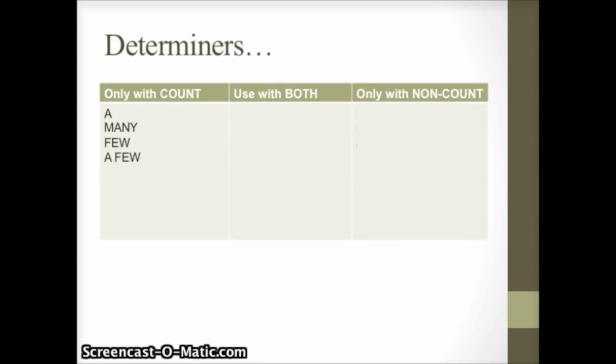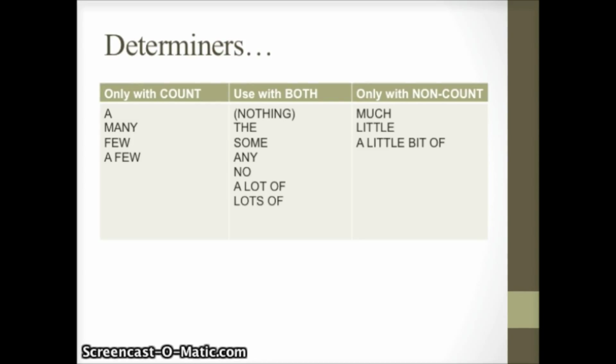And then with the non-count: much, little, a little bit of. And then with both of them you can have nothing in front, a or the, some, any, no, a lot of, lots of, enough, and plenty of.